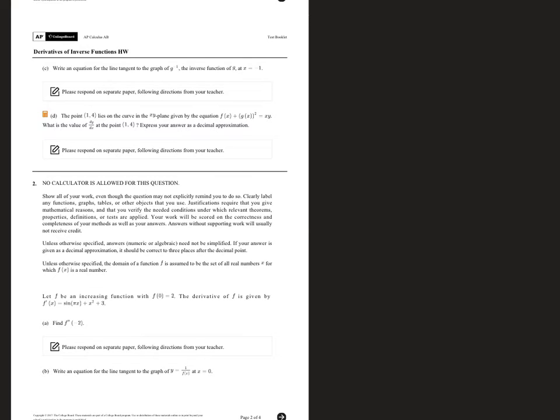If they don't give me the equation, then I have to use the rule from class, which was that the derivative of the inverse, we used f in class, but this one is g, the derivative of the inverse of g at b is equal to the reciprocal of the derivative of the original at a.